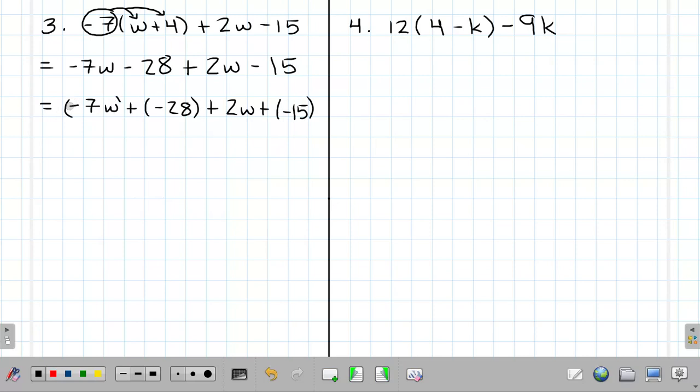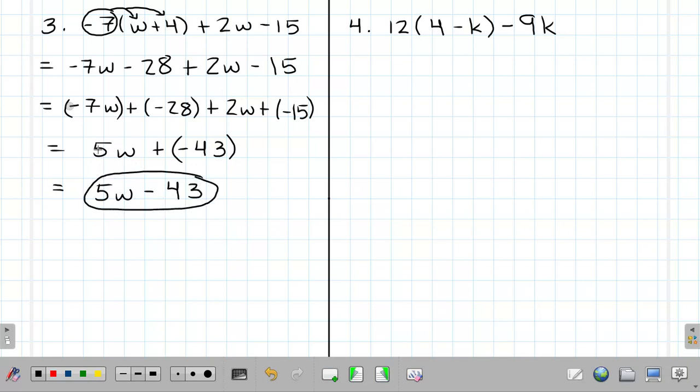So you've got negative 7 plus 2, that's where we get the 5w, plus negative 28 plus negative 15 gives me negative 43. So once again, you do it this way, you got that one last little step where you have to write it as 5w minus 43. Technically, negative 5w minus 43.